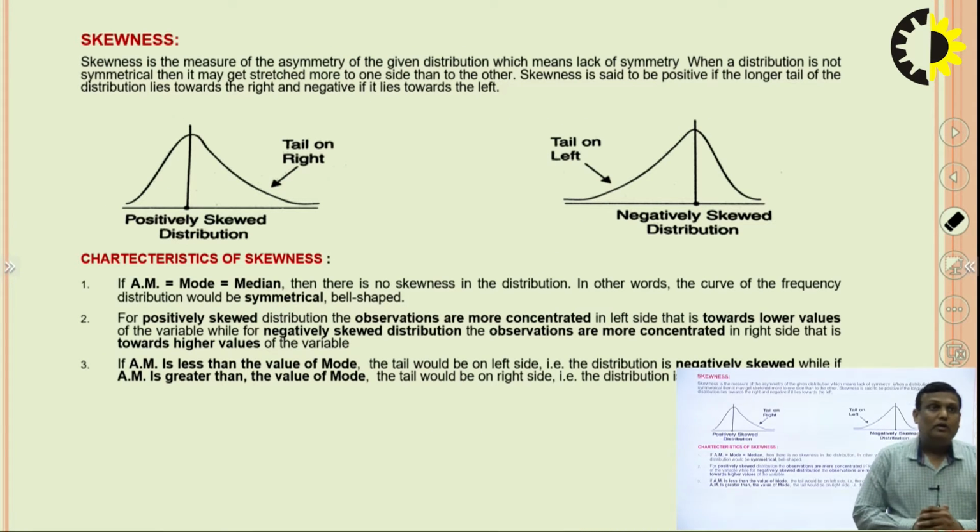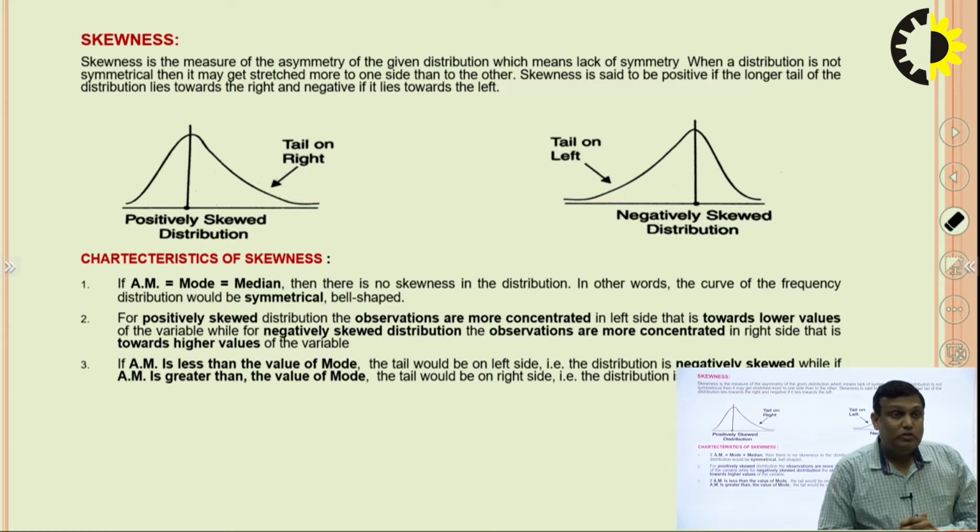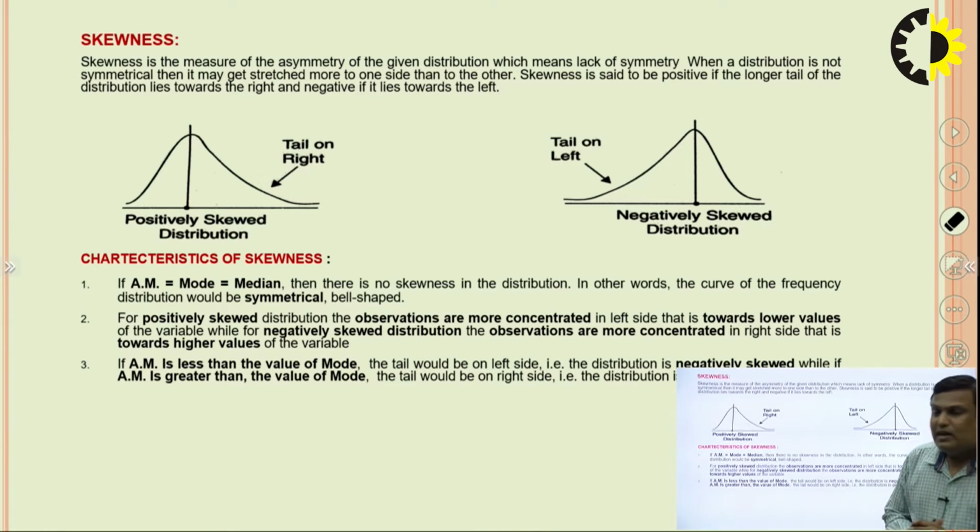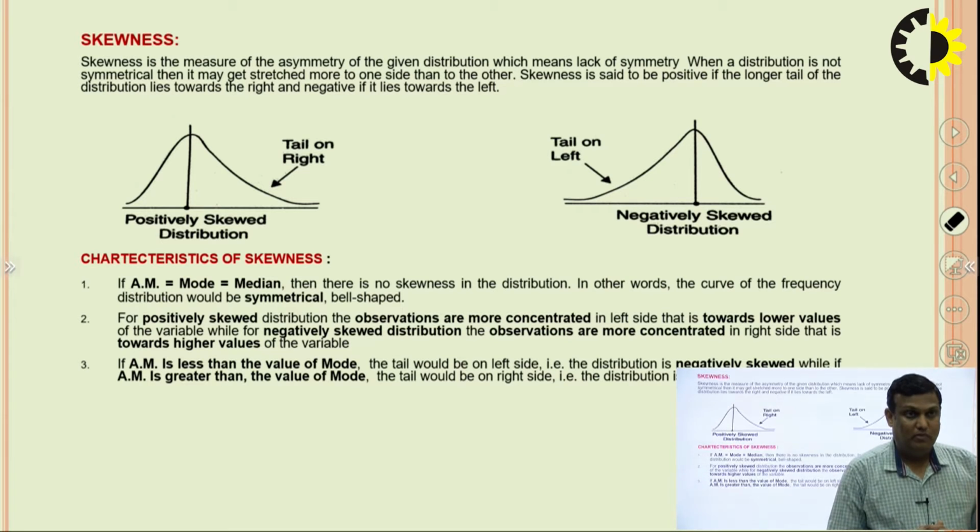Main topic, skewness. What is skewness? Skewness is the measure of the asymmetry of the given distribution, which means lack of symmetry. When a distribution is not symmetrical, skewness means our curve is not symmetrical, not a normal curve.